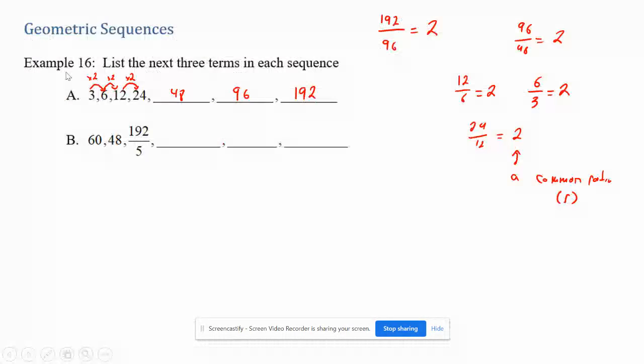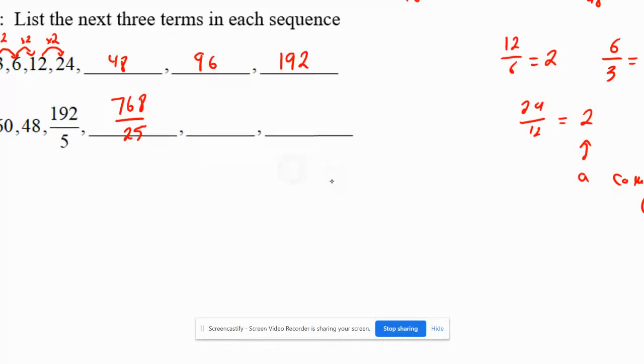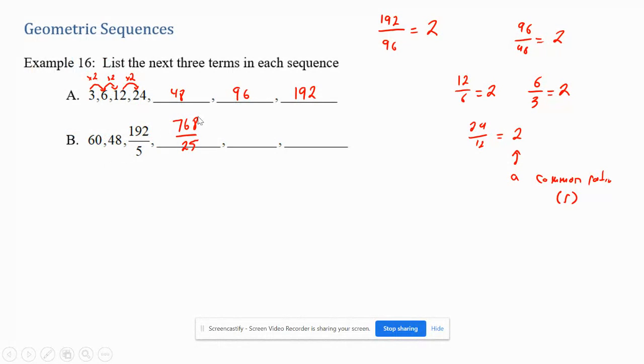Again, 192/5 times 4/5 was 768/25. If I do it again, 768/25 times 4/5, using my calculator, I get 3,072 over 125.